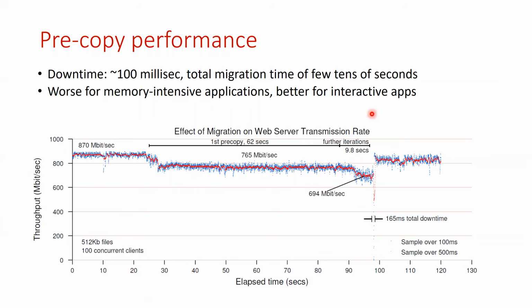And there is a small break in throughput of the web server due to the downtime. You can see a downtime of 165 milliseconds. And then after that, once the migration completes, the web server is back to its old throughput again, right? So this is almost as good as no impact on the web server's performance.